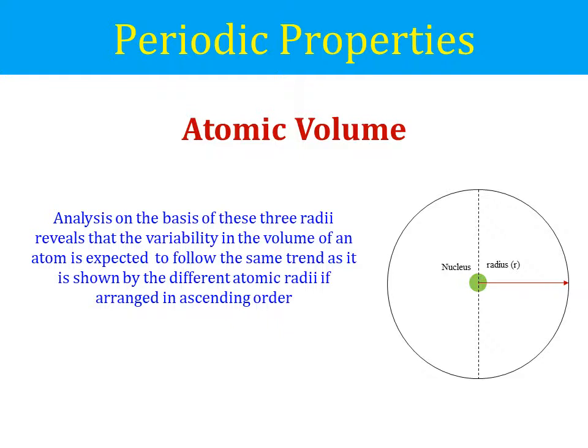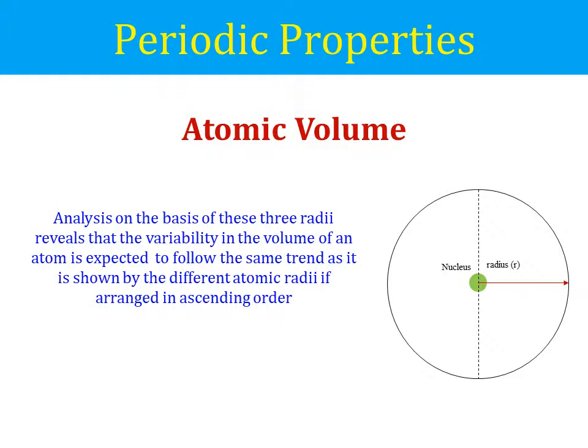What does this mean? This means that if we consider the trend, the covalent radius is the smallest one, the crystal radius is in the middle, and the largest is the van der Waals radius, then if we substitute these values individually in calculating the volume of one atom, the result will also represent the same trend.